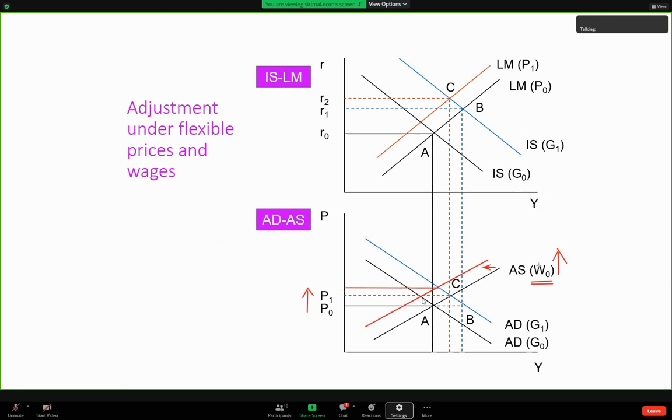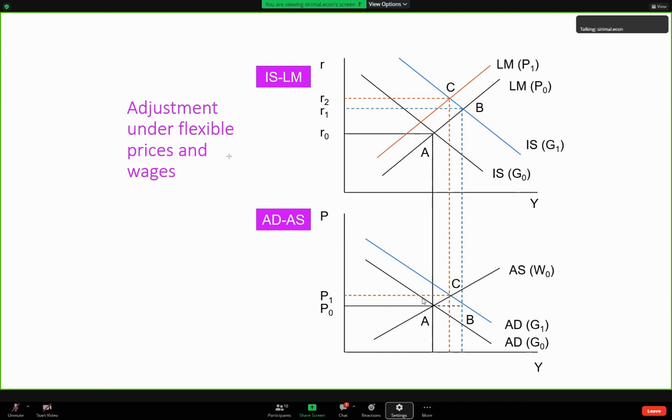When the price level goes up, wage goes up again because cost of production responds to the price increase. So this action-reaction process is what we call the spiral effect. The prices go up, cost of production goes up, and the price goes up, cost of production goes up. This continues and continues.